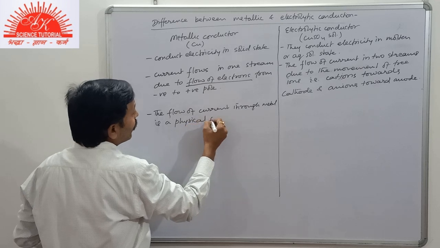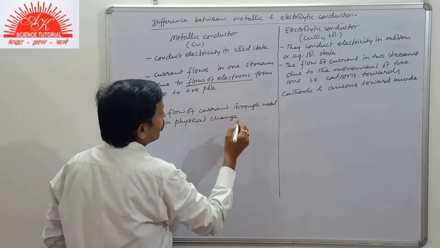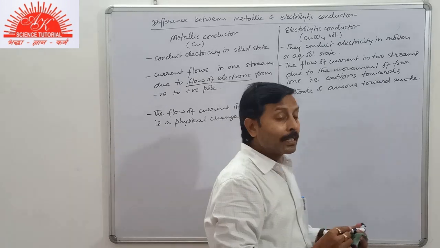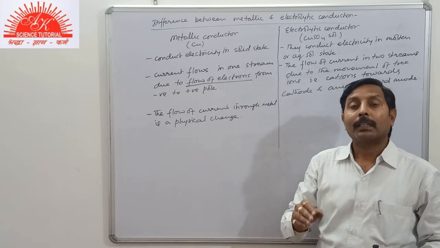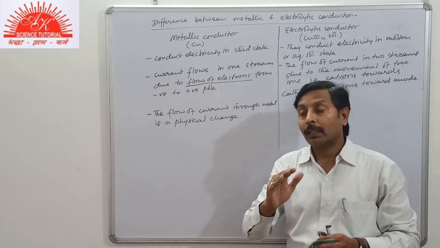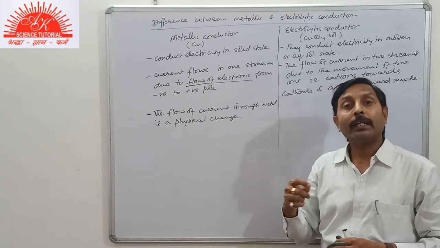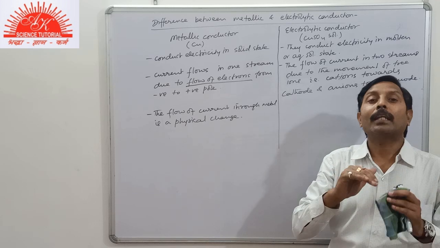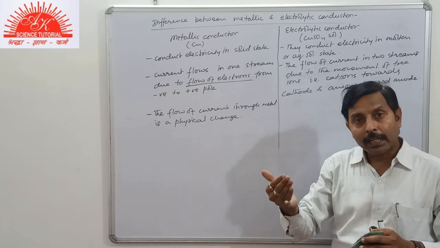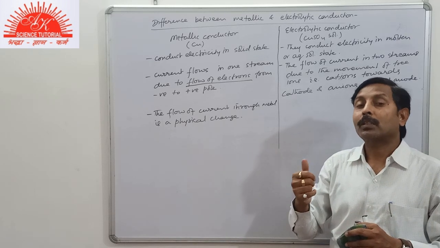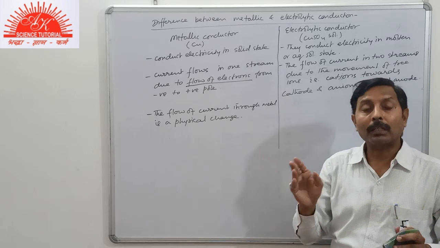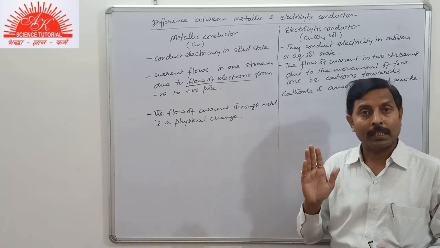Means when current passes through a metal, there is no chemical change taking place, that is, no formation of new substance. Only the metallic component gets heated, and when current is stopped it is cooled. But there is no change in chemical nature.